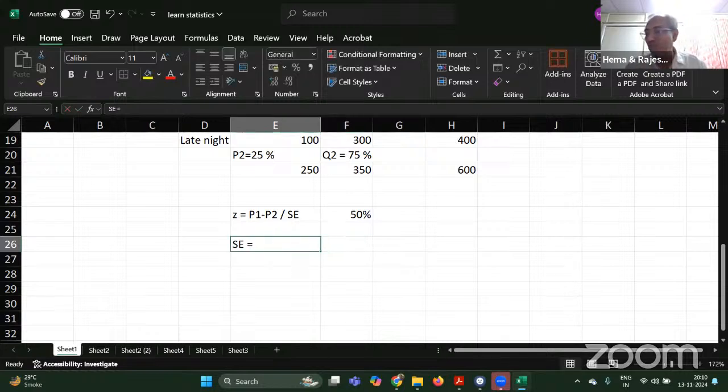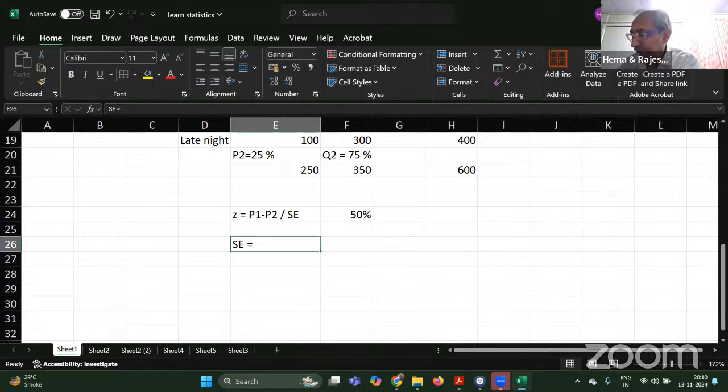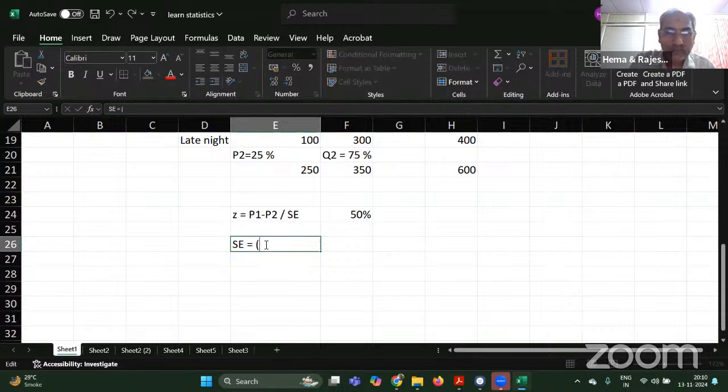Standard error of difference between two proportions will be, so if there is a standard error of proportion, what you write under square root is PQ upon n.